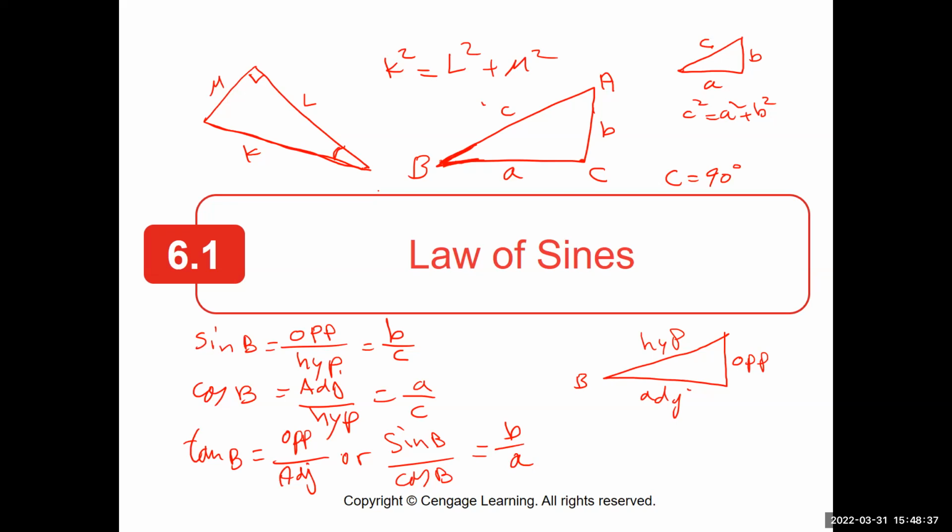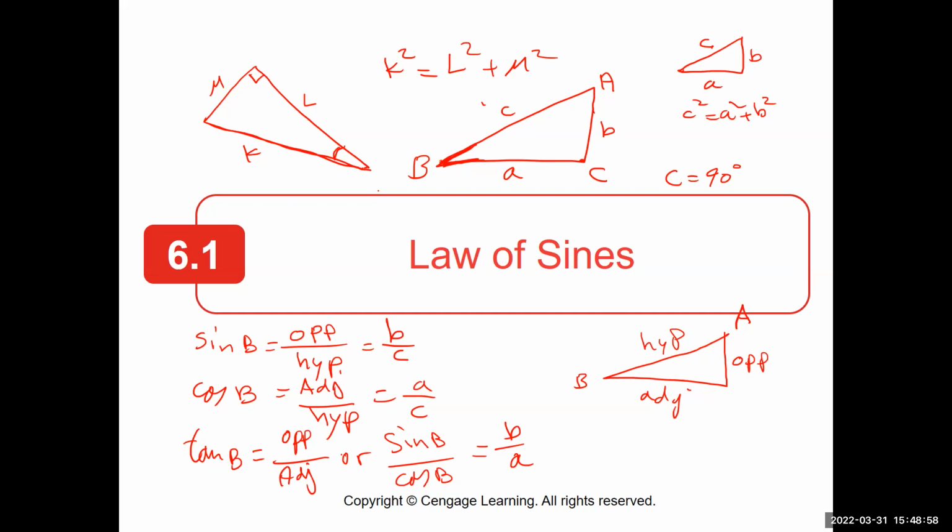We could do the same thing for A, but we have to pay attention: the opposite and the adjacent will change. Well, this is a right angle triangle, so it's easy: Pythagorean theorem, sine, cosine and tangent, very simple.